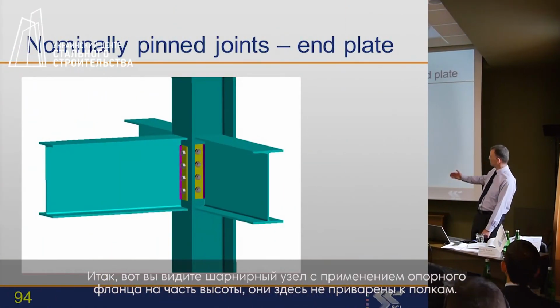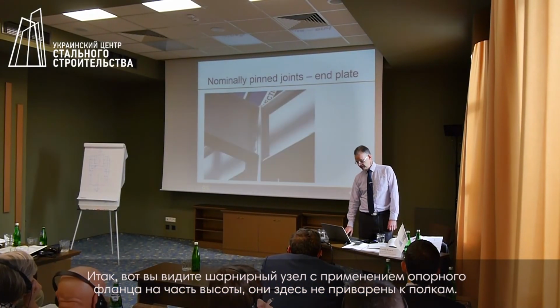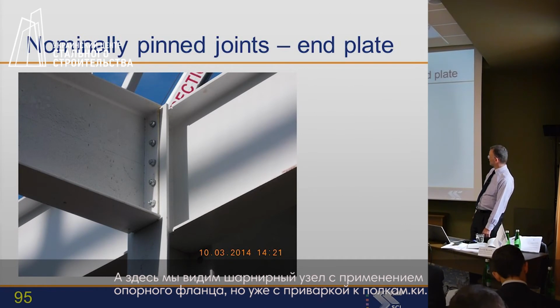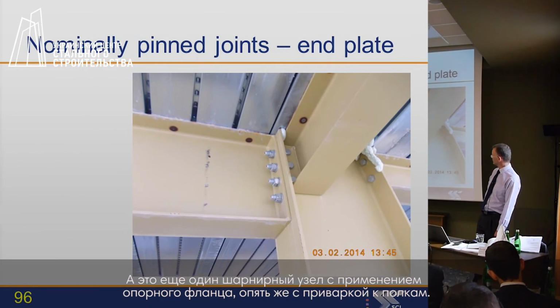So there are some partial depth flexible end plates, not welded to the flanges. There is a flexible end plate, but that has been welded to the flanges. There is another flexible end plate, again has been welded to the flanges.